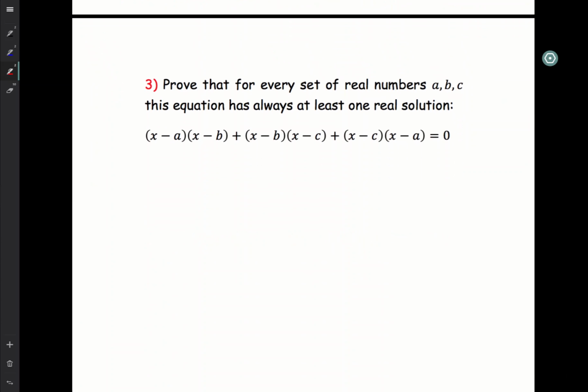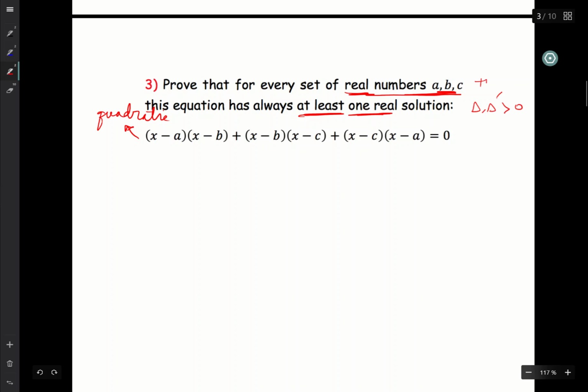The third question: prove that for every set of real numbers a, b, c, this equation has always at least one real solution. Looking at this as a quadratic equation, at least one real solution means either delta or delta prime is strictly positive, so we end up with two real solutions, or delta or delta prime is 0, and we end up with a double root, two roots that are identical.